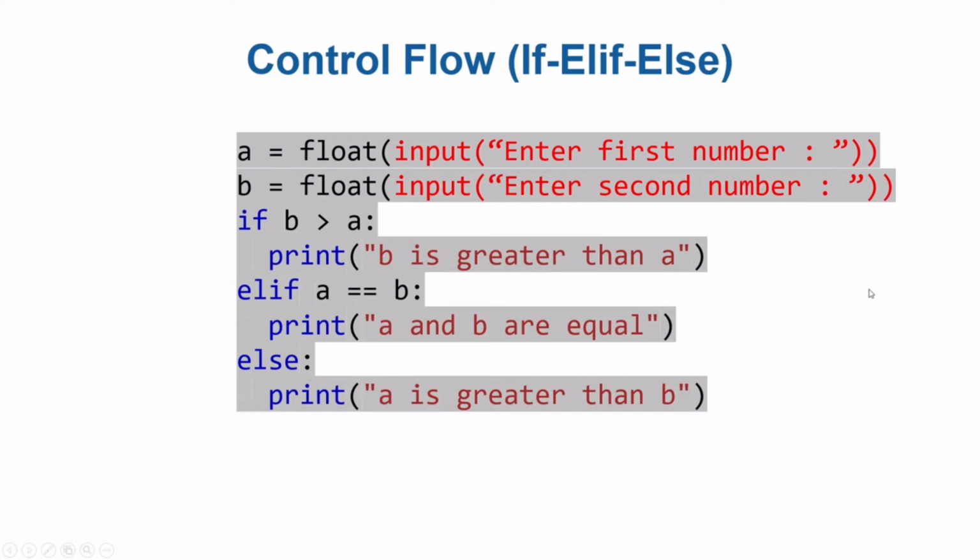For example, in this particular example, if B is larger than A, then you land in this part. Else if, this if is just a short form of else. Else means B is not greater than A. Else, you can have another check: else if A is equal to B, then do what?